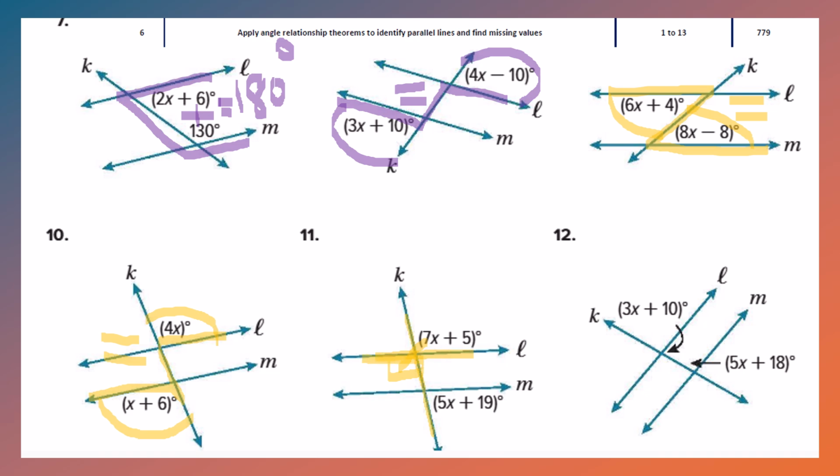And if they are equal, it means line L is parallel to line M. Number 12, this forms the cup.